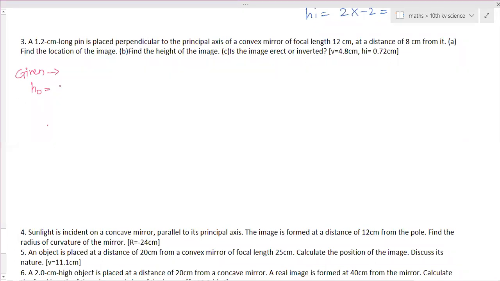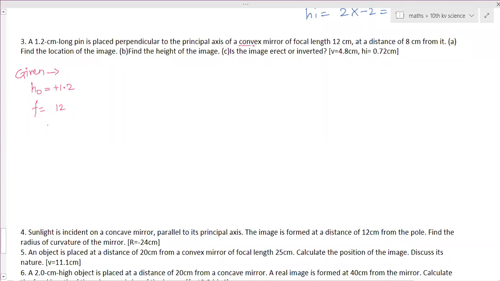HO is plus 1.2. Then the next one, focal length. Focal length is equal to 12 centimeters. Plus or minus? Plus.